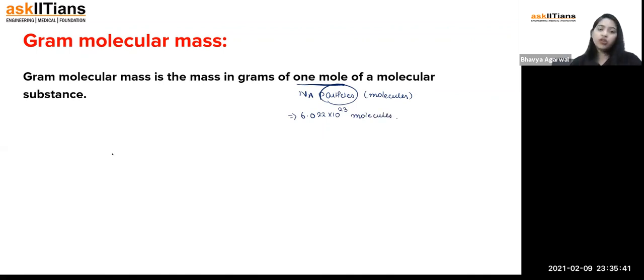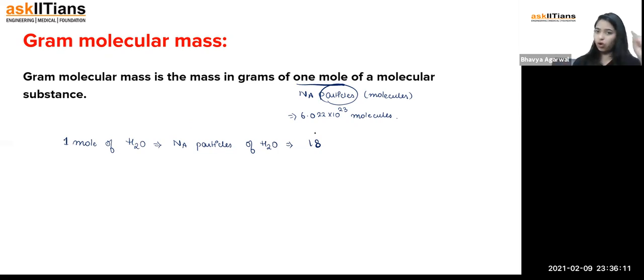For instance, if I talk about 1 mole of water, 1 mole of water would mean I'm having Avogadro number of particles of water. Right? Now, you know that the mass of 1 molecule of water is 18 u. So Avogadro number of particles would be Avogadro number of particles into 18 u.